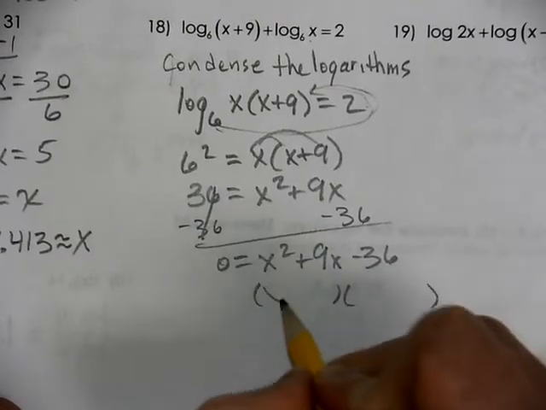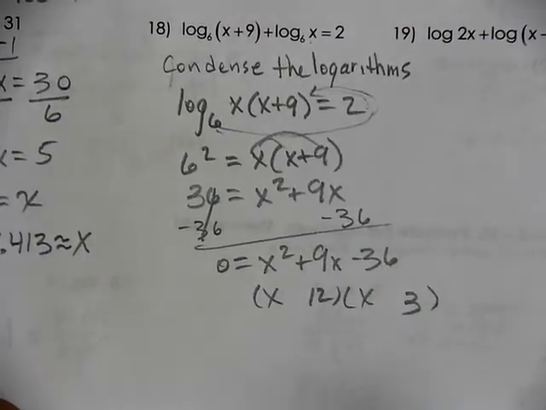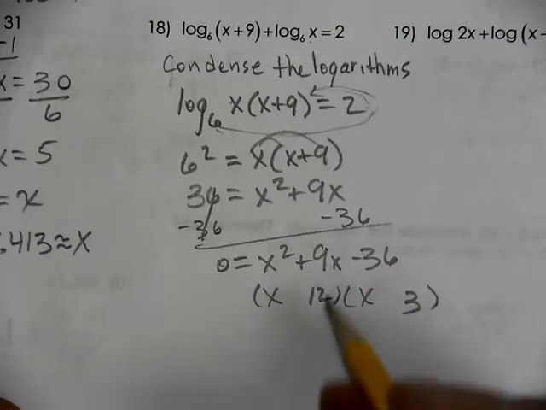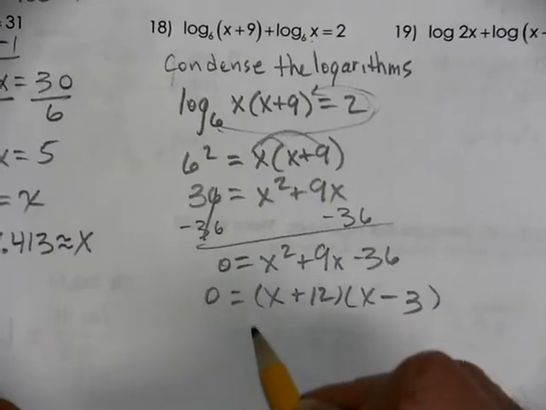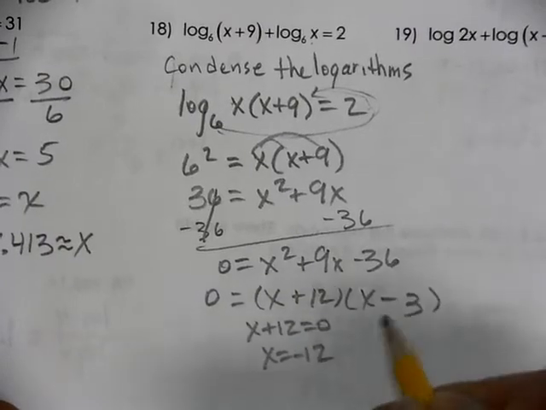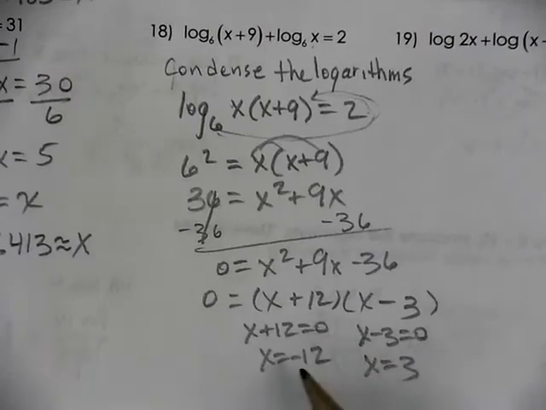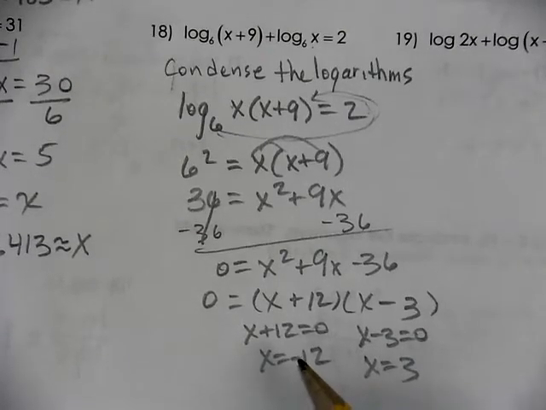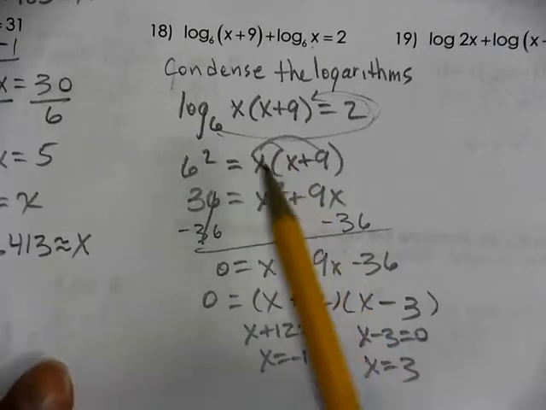So we factor that apart. We know that 12 times 3 multiplies to be 36. If we want them to add to be a positive 9, you've got to have a positive 12. So we use the zero product property. Now we need to check our answers. We need to see that when we plug them back in, if we have extraneous solutions.